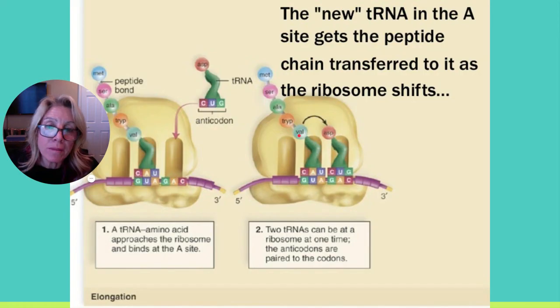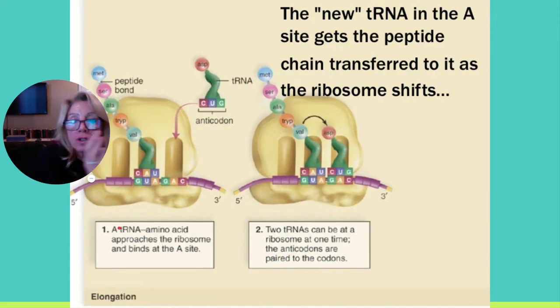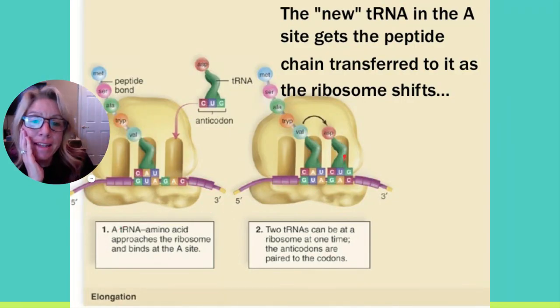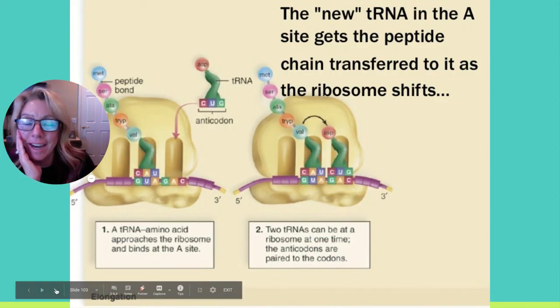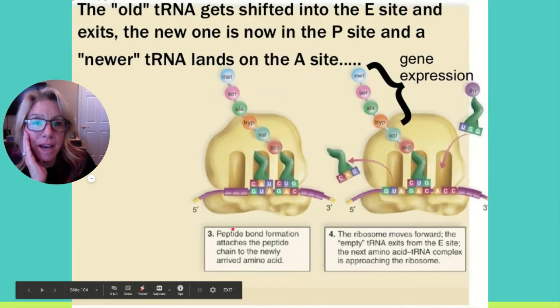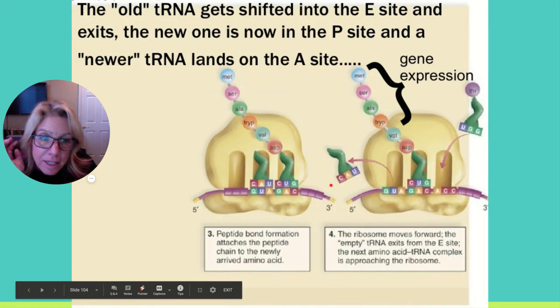And then as the ribosome shifts, it'll move this chain onto the new guy. Simultaneously, it's called translocation. The ribosome itself is going to be moving along. And so now the guy in the A site is going to be moved into the P site, and the guy in the P site is going to be moved into the exit. So you can see that's happening right here.